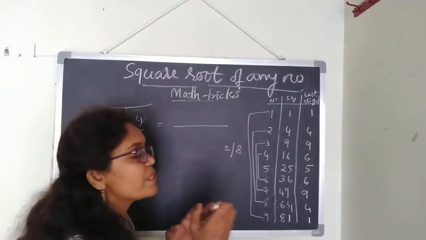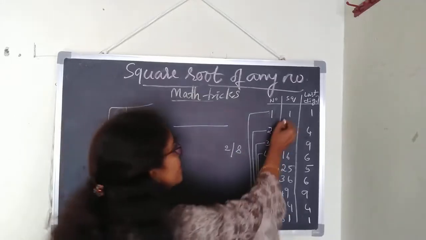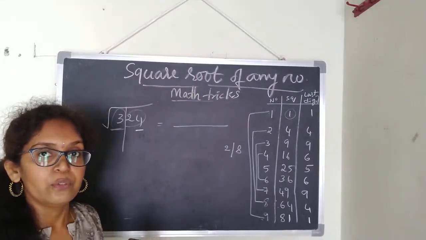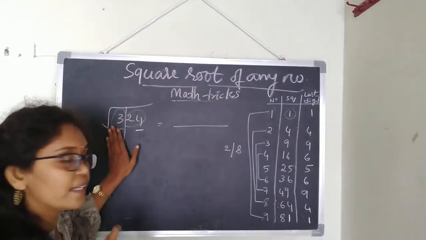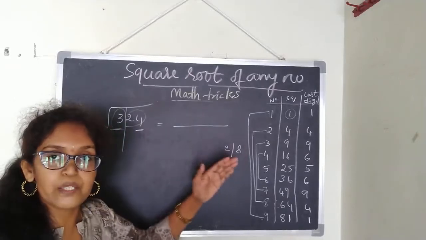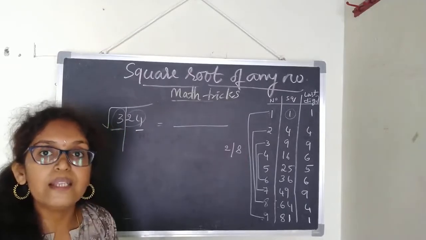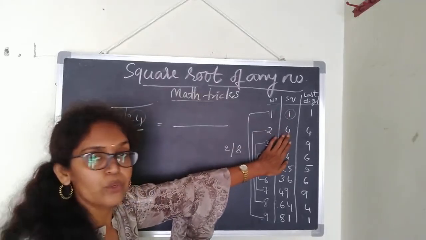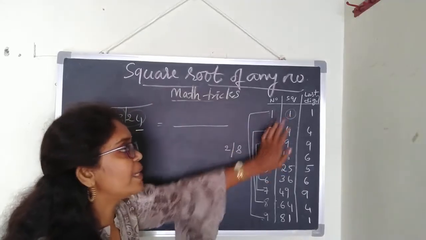In these 2 numbers, which is the smaller one? 1 is the smaller one. Whenever the digit lies between square numbers, we always have to take only the smaller one.